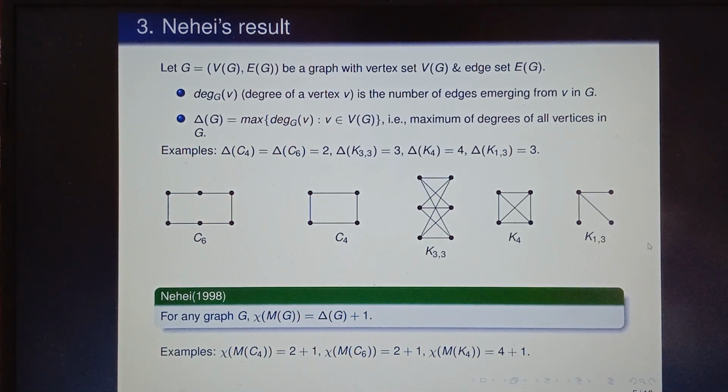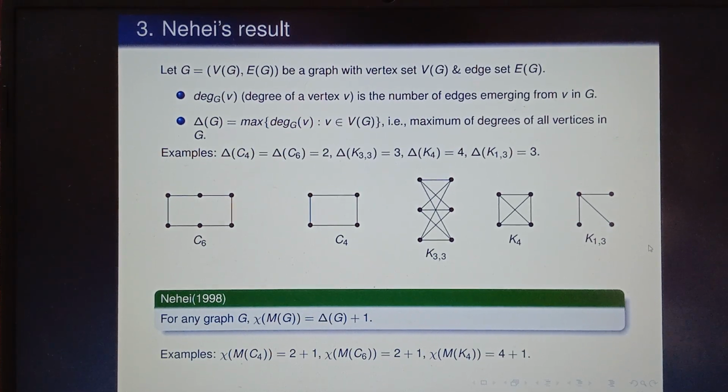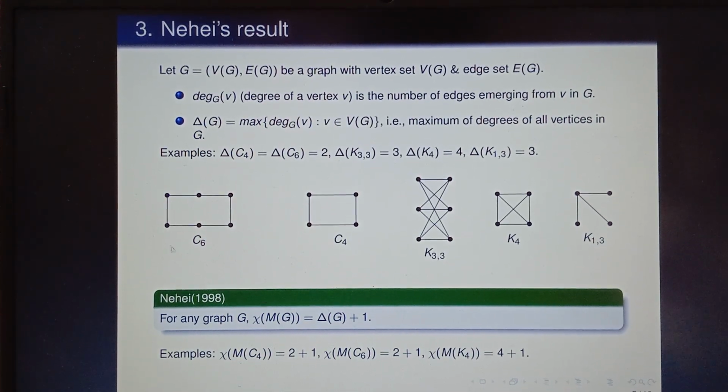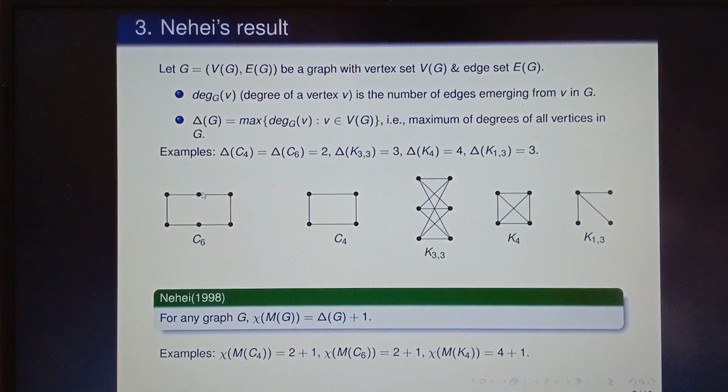A degree of a vertex, denoted by deg of v, is the number of edges emerging from the vertex v in the graph G. For example, if you concentrate on the graph C6 and I pick any arbitrary vertex of C6, the degree of the vertex is 2.